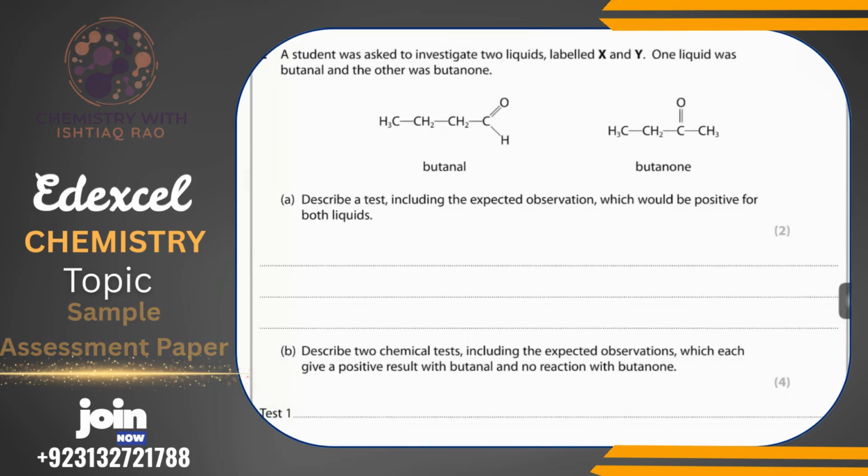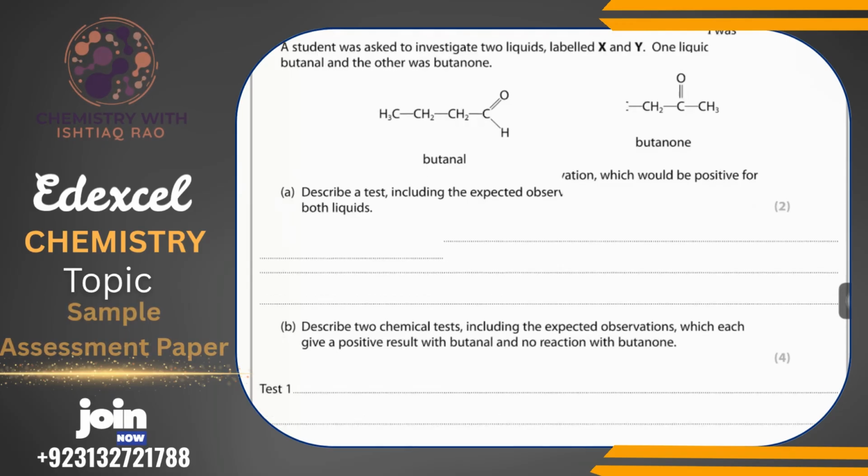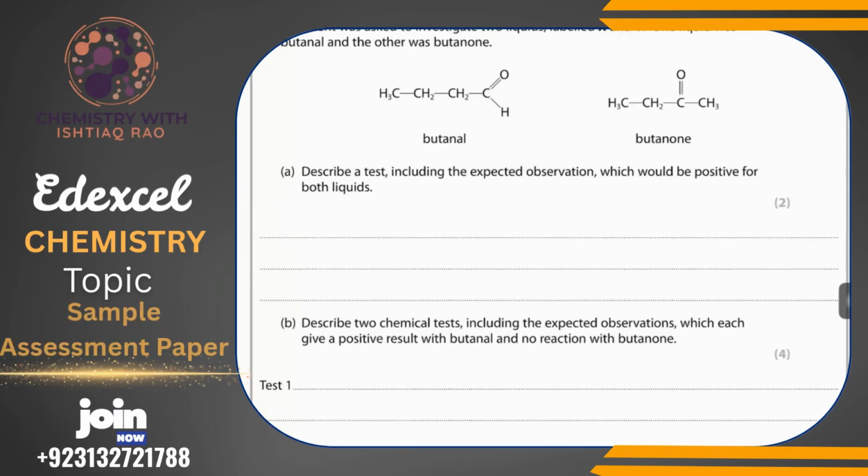The first one is an aldehyde and another one is a ketone. So formation of yellow precipitate, right? So I'm supposed to write addition of 2,4-dinitrophenyl hydrazine in a sample.